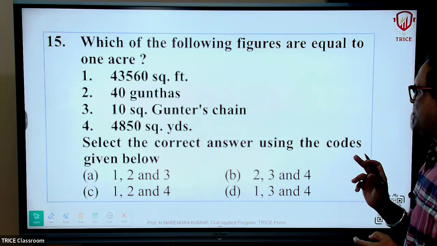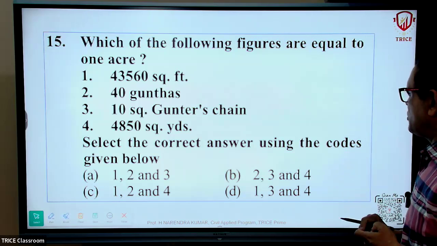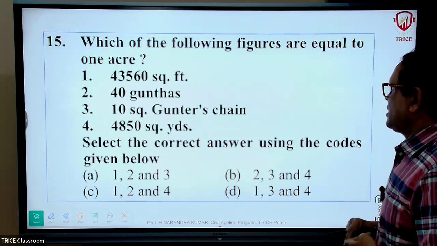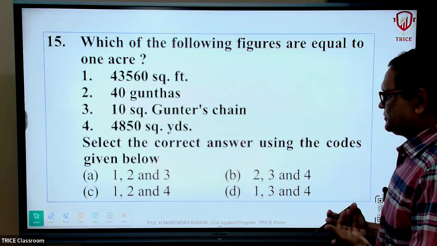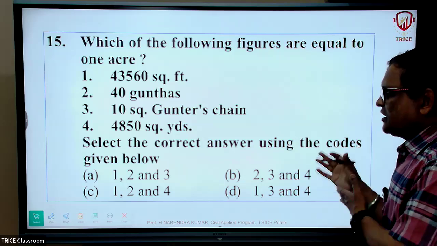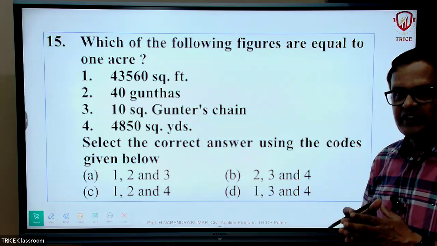So it says 1, 2, 3; 2, 3, 4; 1, 2, 4; 1, 3, 4. So first of all, we need to solve that. What is 1 acre all about? I need to know a lot of information, not about basic surveying, but basic units in surveying.